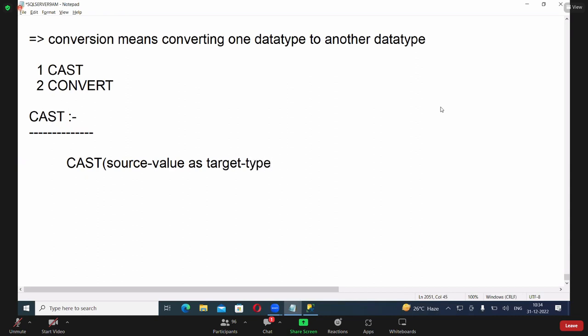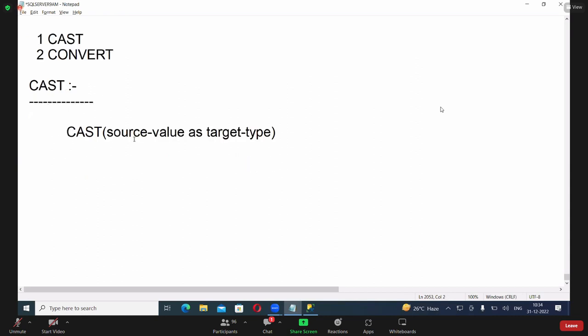This source value is converted into this target type. If you mention integer, it is converted into integer. If you mention varchar, it is converted into varchar. If you mention date, it is converted into date. Okay, so the source value is converted into the target type.